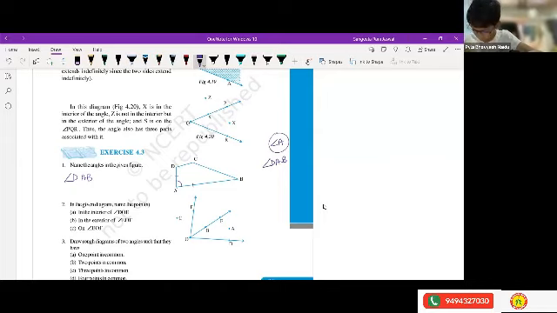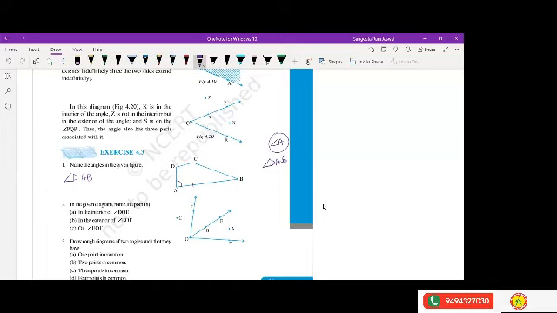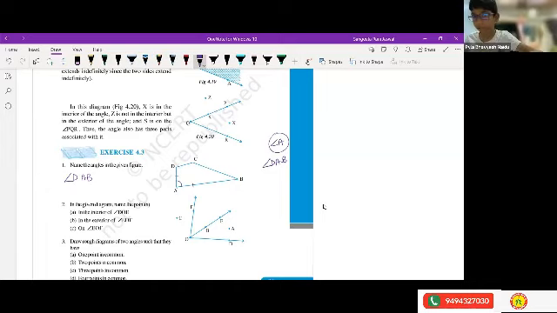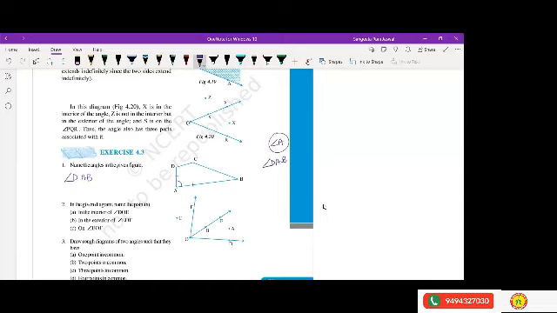Look here, Bhavesh. Now, if I see this angle, this corner point, I see that this angle is lying between this line segment and this line segment.